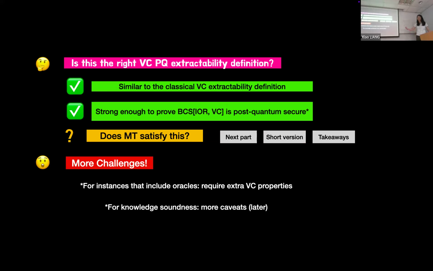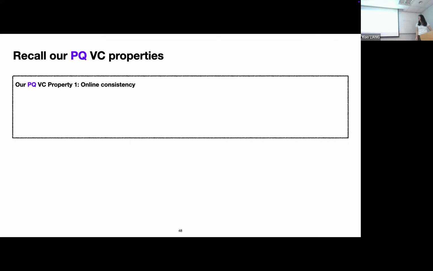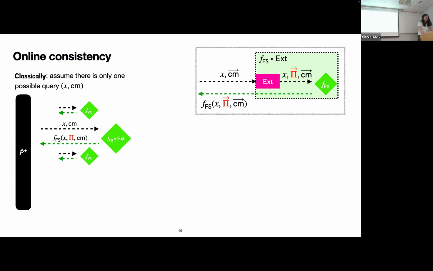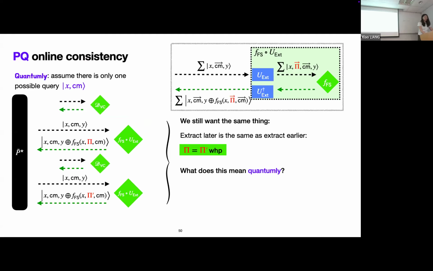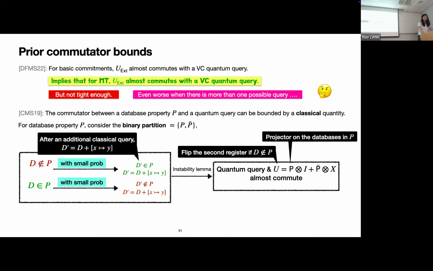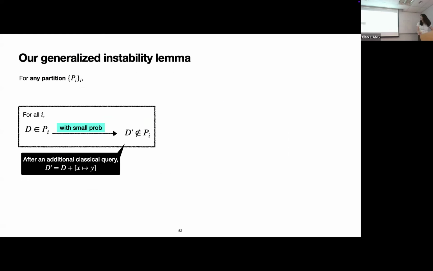In the quantum setting, Merkle tree does? Yes. Also, it satisfies post-quantum. Then what's the technical tool you are using? So we have some new technical tool, actually. It's using the instability lemma, but we have a new generalized instability lemma, because the previous instability lemma is about a binary partition, and our extract unitary doesn't give you a binary partition.